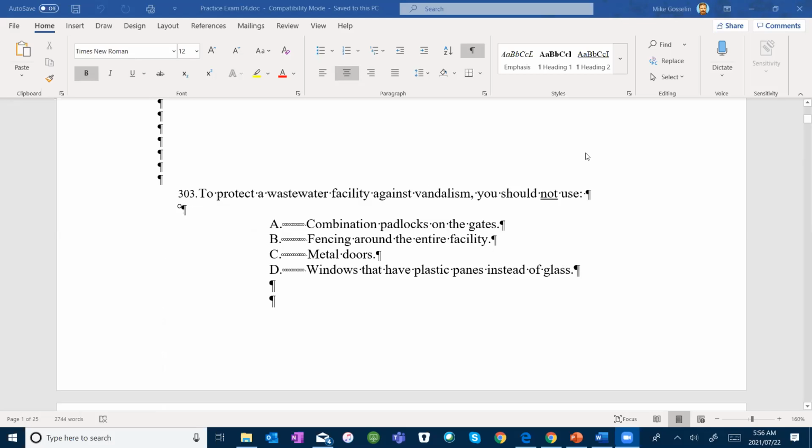To protect a wastewater facility against vandalism, you should not use.